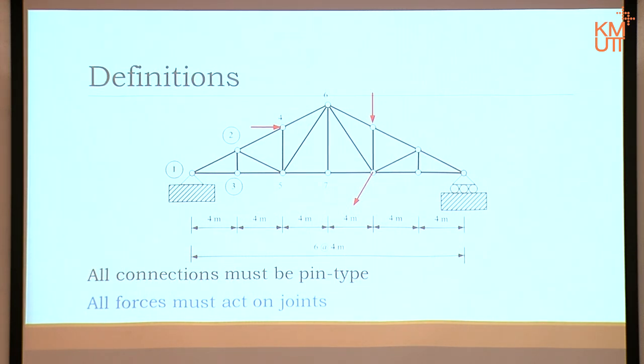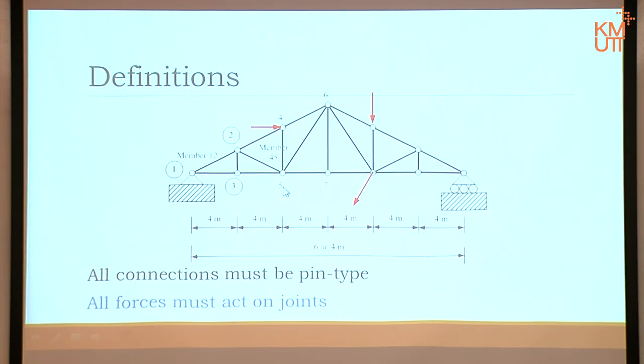For the members, they have two kinds of systems to name them. Notice each member will have two joints connecting at the beginning and at the end. One system they use is that they call it by the joints. For example, that one is between joint 1 and joint 2, so we will call it member 1,2. That one is member 4,5, between 4 and 5.